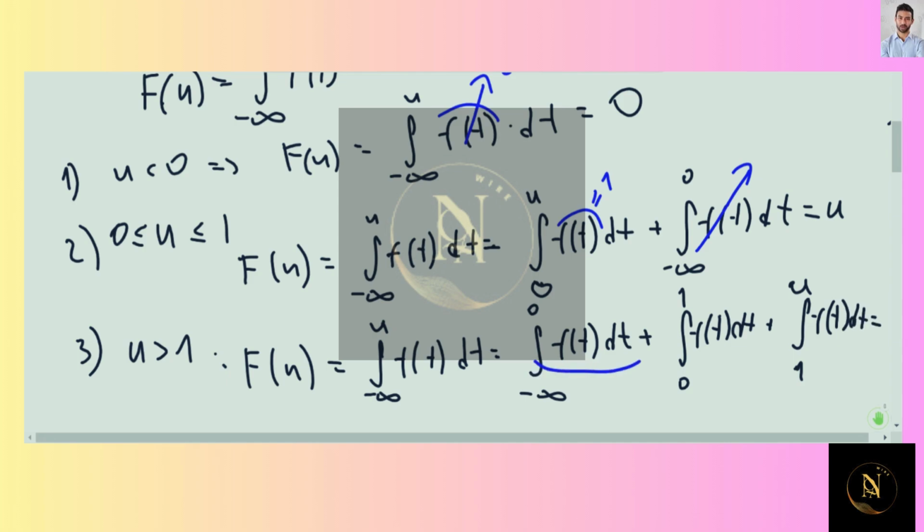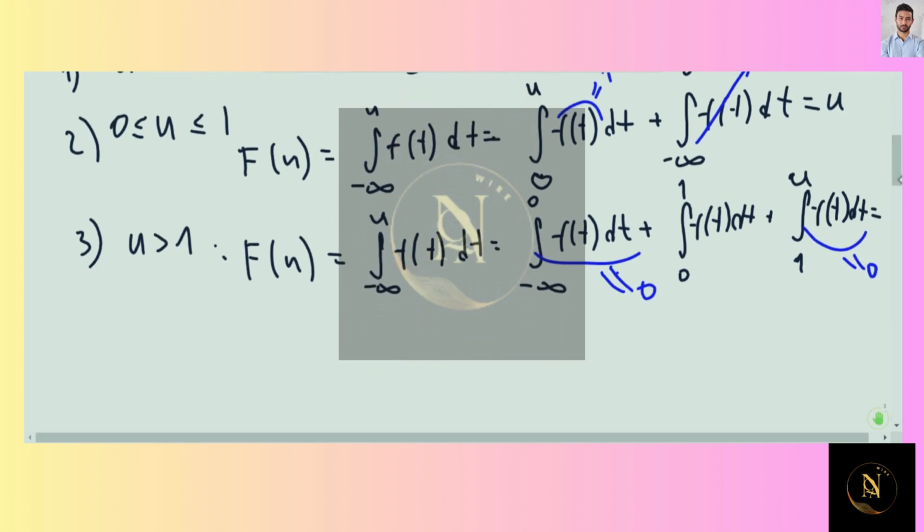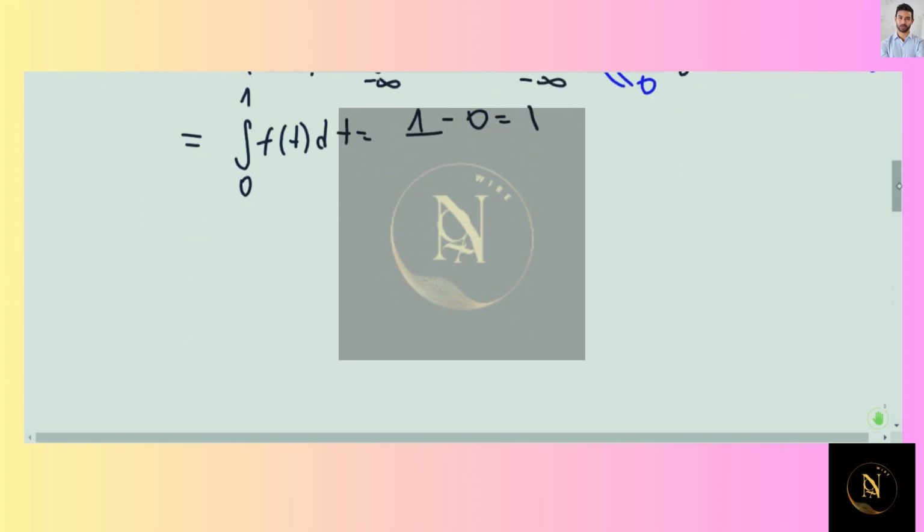The first and third components equal 0 because the probability density function is 0 at those intervals, so the overall cumulative distribution function equals the integral from 0 to 1 of the probability density function, which equals 1 minus 0, which is 1.